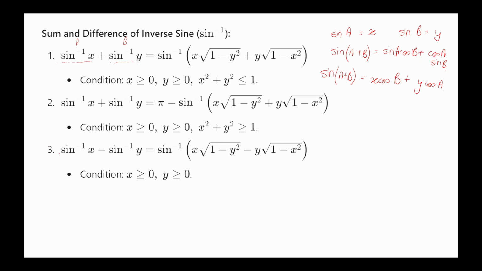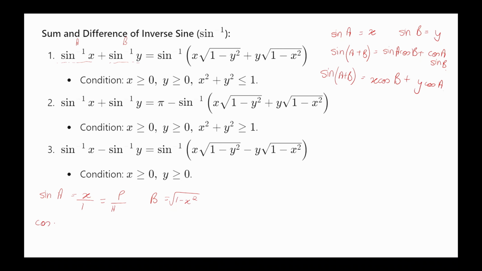Now I need to find out the value of cos A and cos B. I know that my sine A is equal to x by 1, which is nothing but perpendicular by hypotenuse. If I consider this to be a triangle, I would have x by 1, which is perpendicular by hypotenuse. So from here, what would my base become? Base would simply become root under 1 minus x square, right?